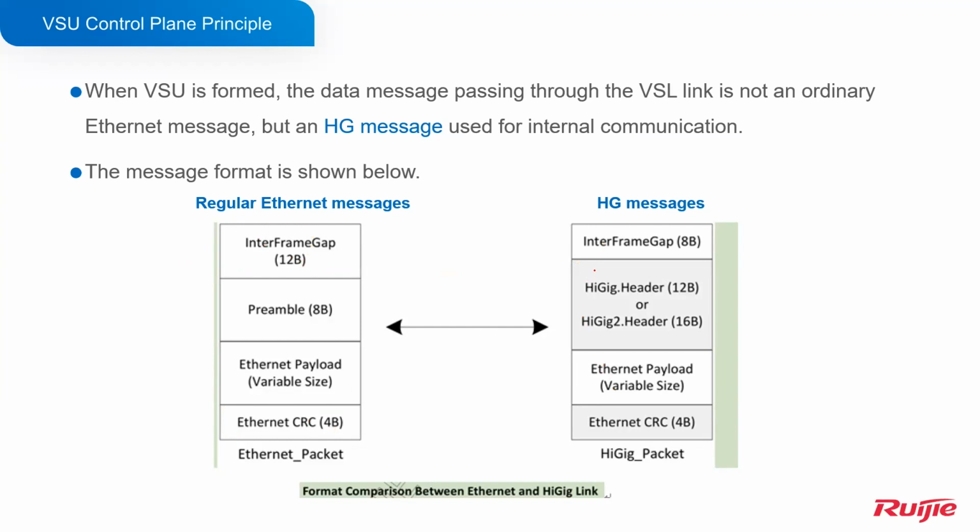But with the HG message, we will apply some special encapsulation to the Ethernet message. And for this part, we don't need to remember the detailed meaning of each segment, because if we deploy VSU successfully, then once the switch receives a message that needs to be forwarded in the VSU system, it will do the encapsulation automatically.